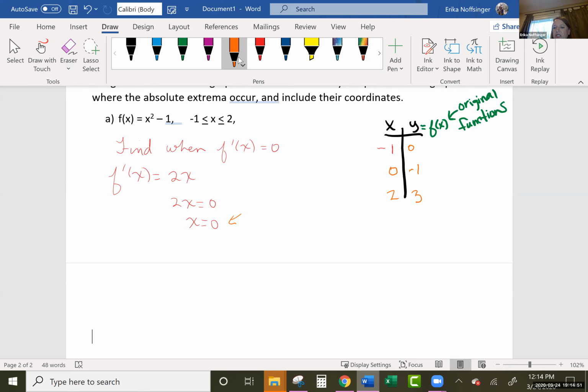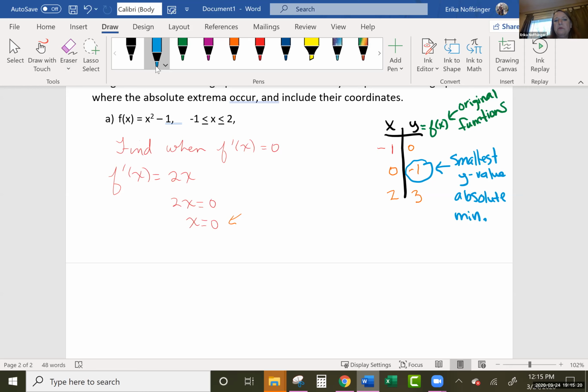Okay, so you're looking at the smallest y value and the largest y value to find the absolute max and absolute min. So this is the smallest y value, so this is our absolute minimum.